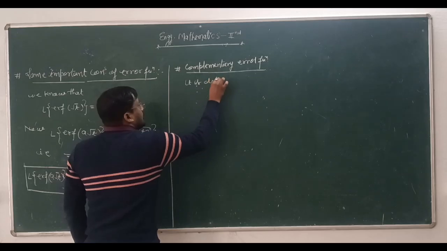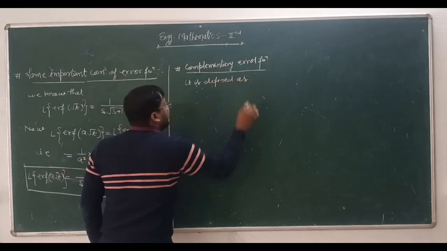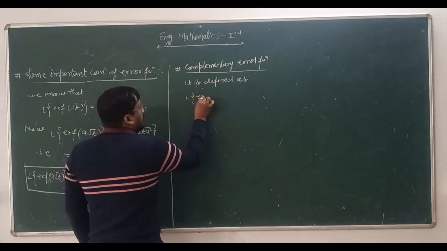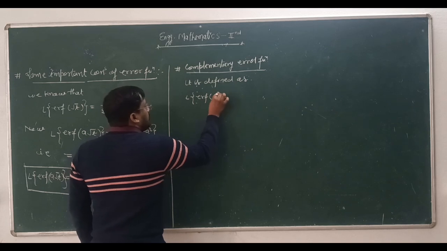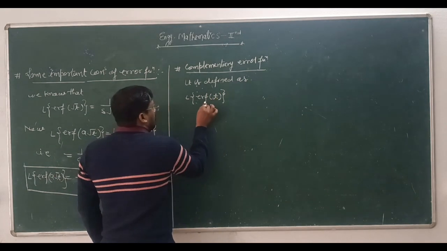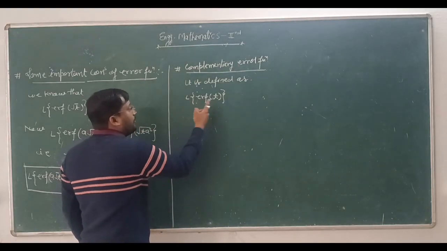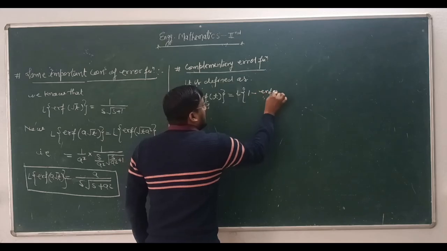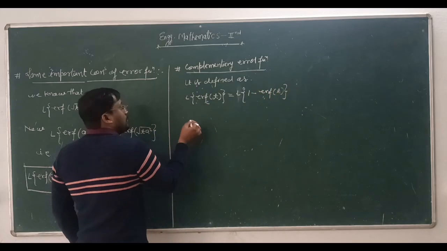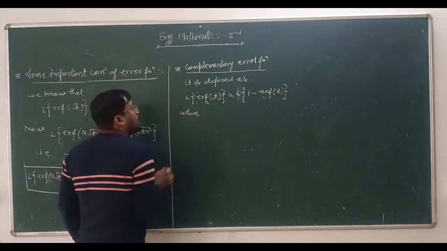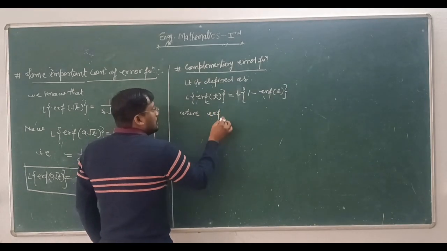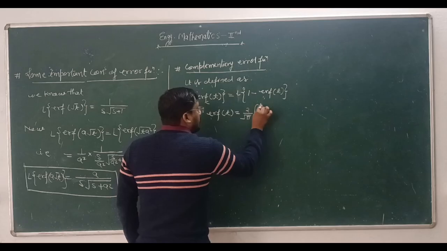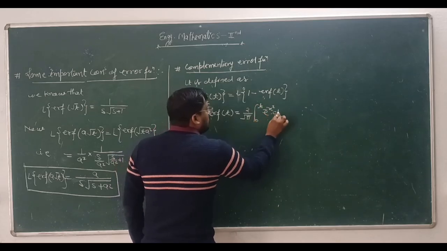It is defined as Laplace of complementary error function of t is equal to Laplace of 1 minus error function of t, where error function of t is equal to 2 upon root pi integral 0 to t e to the power minus x square into dx.